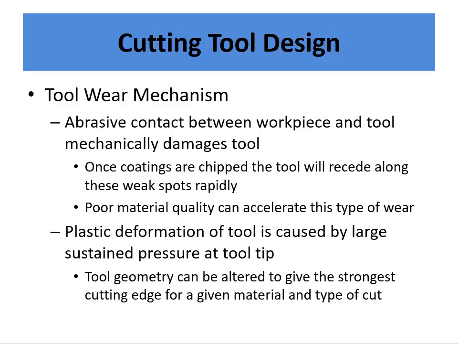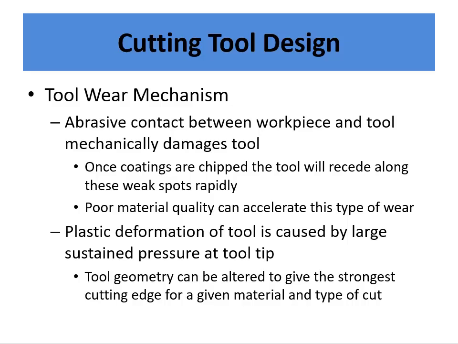Certainly, if the tool's dropped or damaged before it's being used, you could have some sort of flaw in the surface, and then from that flaw, once you provide the pressure of the tool as it's cutting, that area could grow rapidly and the tool could fail quickly. So if you have sustained pressure at the tool tip, then that's when you can get the plastic deformation. And depending on the type of material you're cutting, the tool geometry will actually be altered to give you the best edge for the type of material.